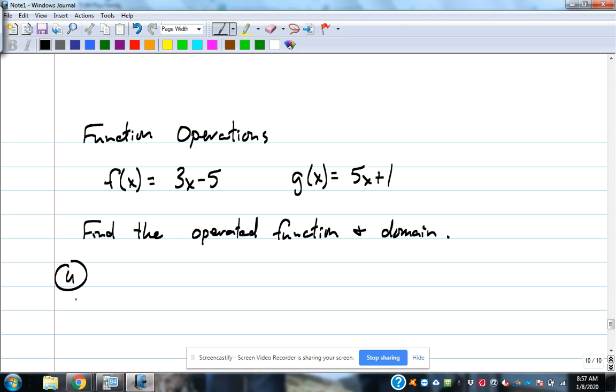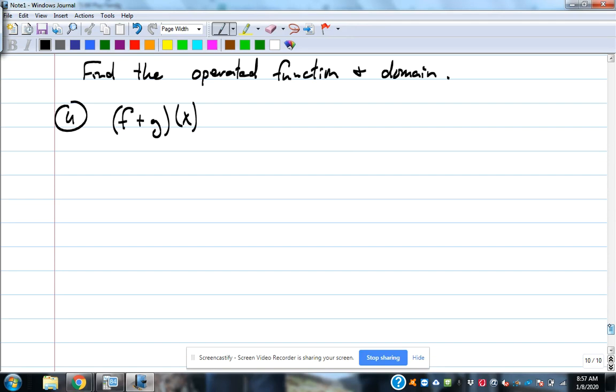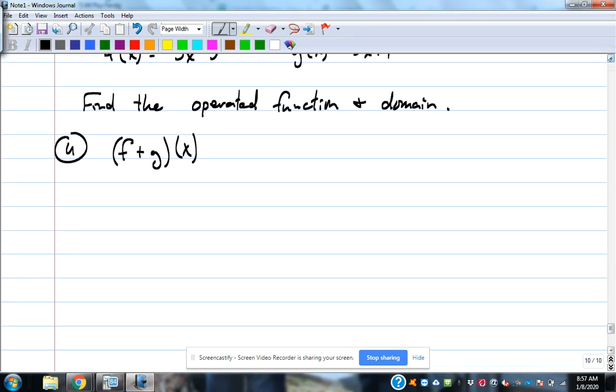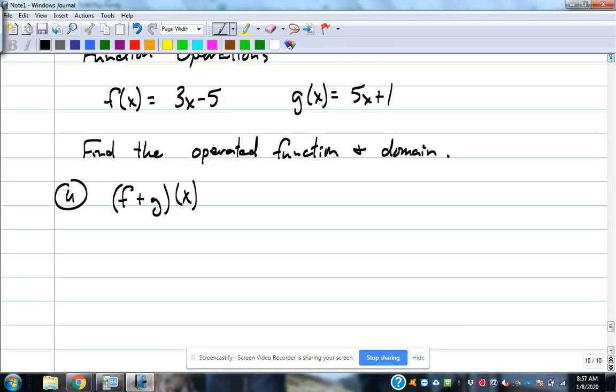All right, so what's this example? f plus g of x. We've got those two functions up there. f plus g of x just means do what with them? Add them together. So we're going to take f of x, 3x minus 5, plus 5x plus 1.